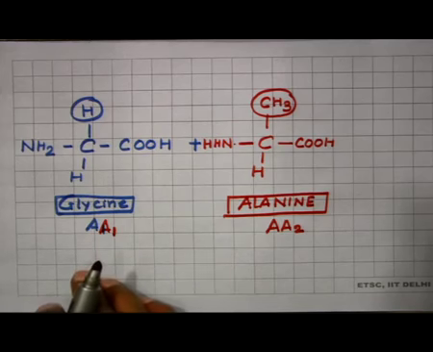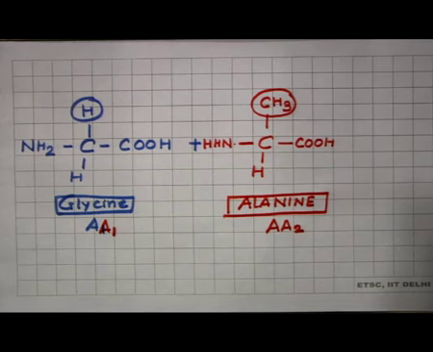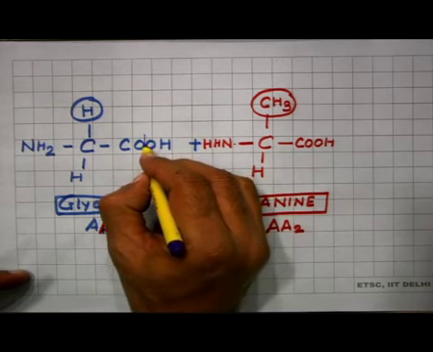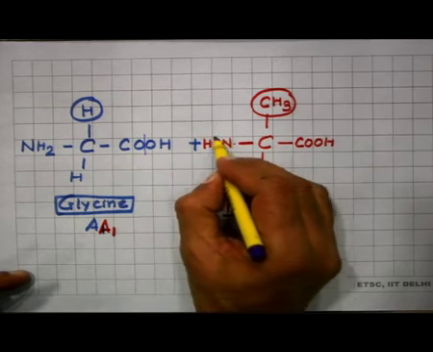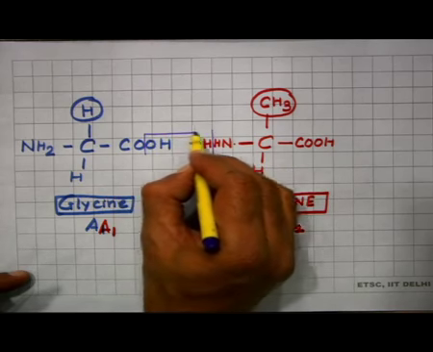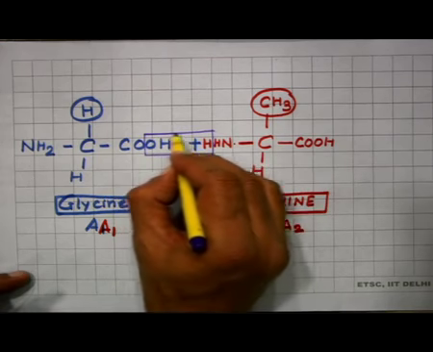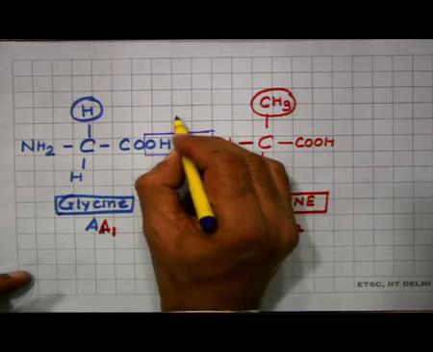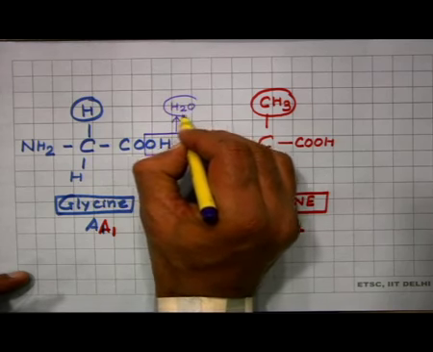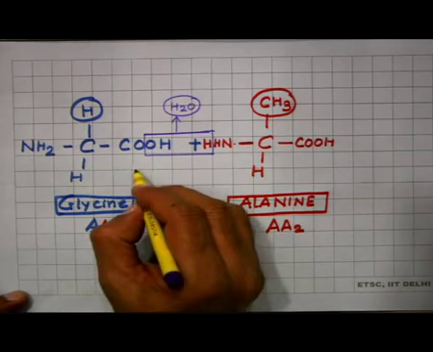Now, how is amino acid 1 going to be combined with amino acid 2? The OH group of the first amino acid and the H of the second amino acid are going to be combined. After the combination, water is removed and the bond is formed.